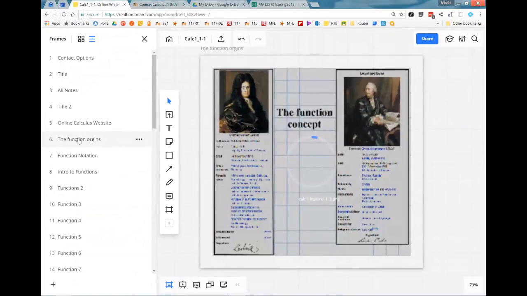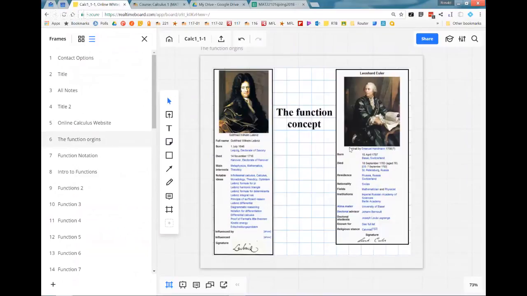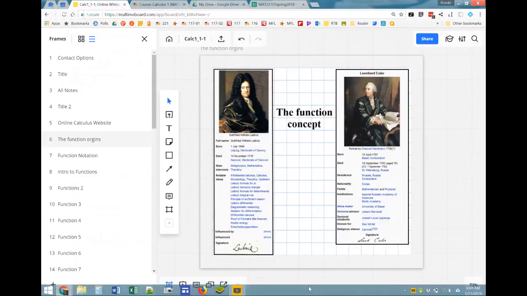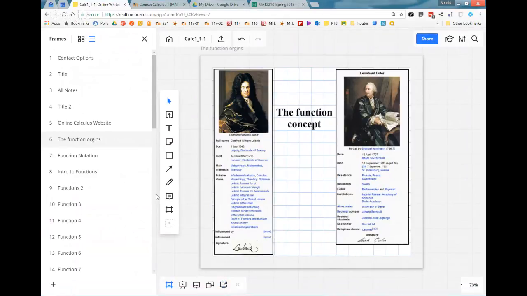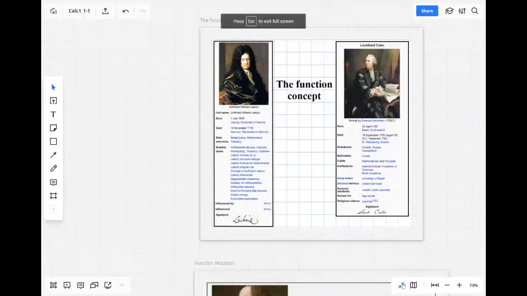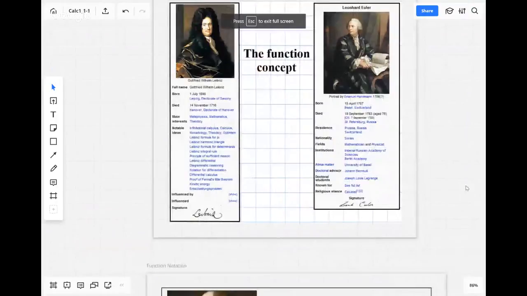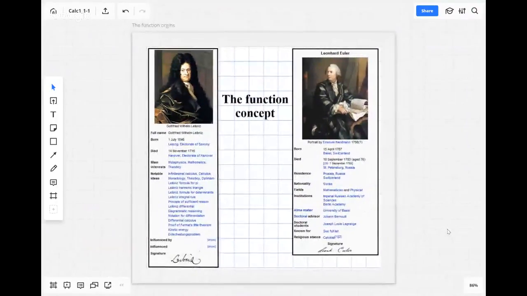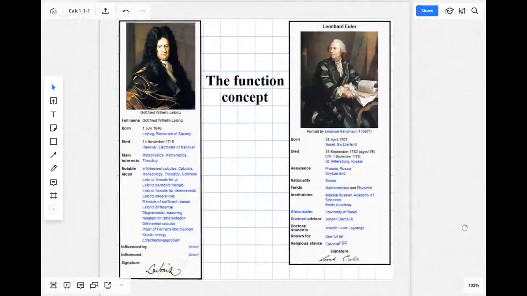So when you talk about a function, there are two big names that come up. Leibniz, who is one of the co-discoverers, notice I said discoverers, of calculus.